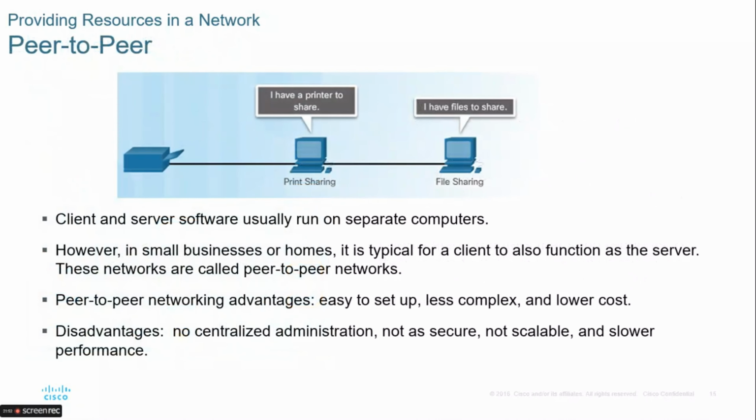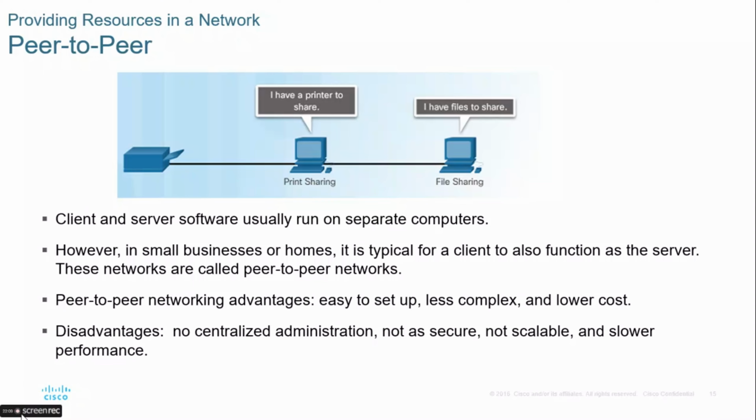But when it comes to a peer-to-peer network, clients and server software usually run on separate computers. However, in small businesses or homes, it is typical for clients to also function as servers.